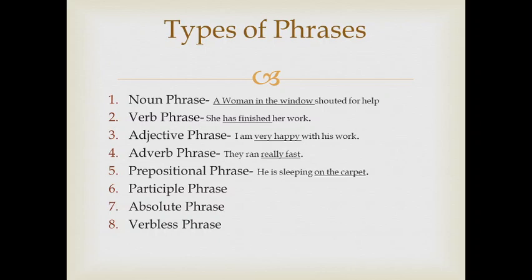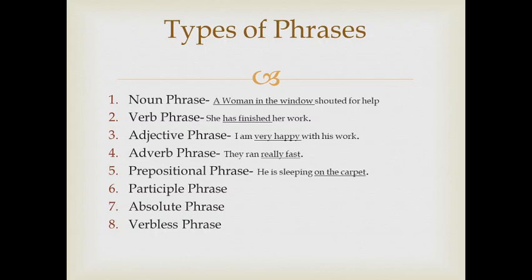In that group of words, woman is the subject and the noun part of that group of words, and so it is a noun phrase. We can find that there is no verb in that noun phrase.